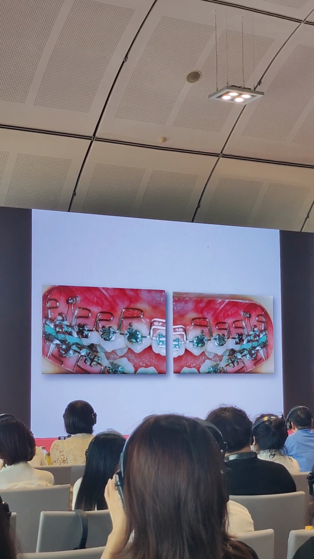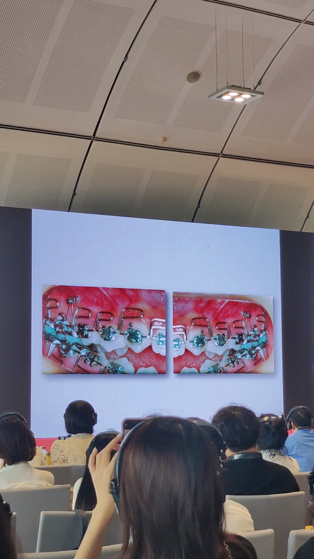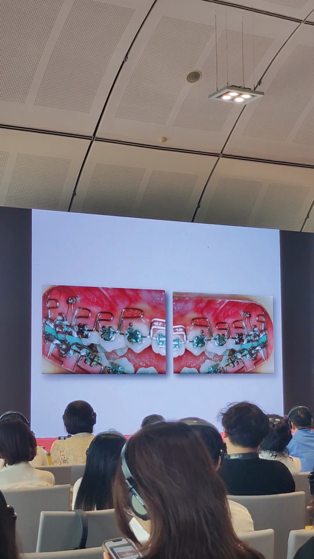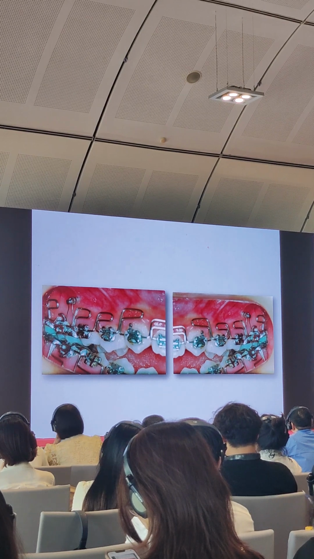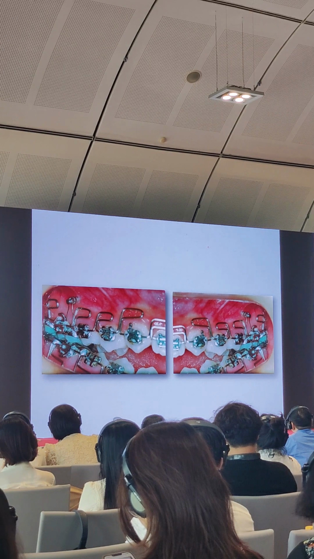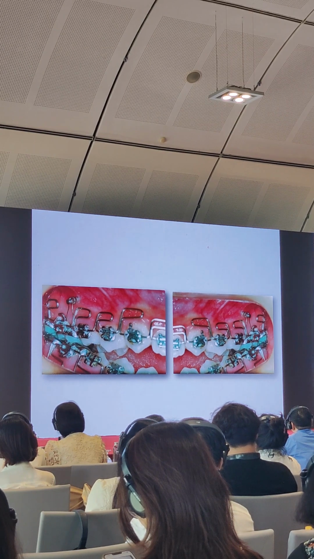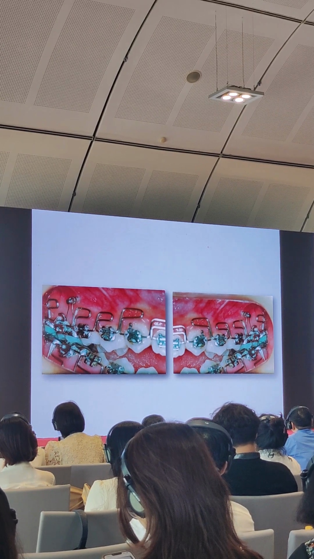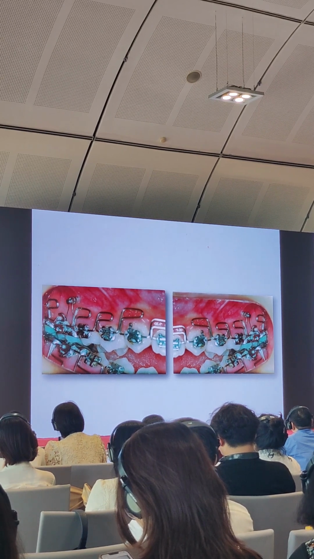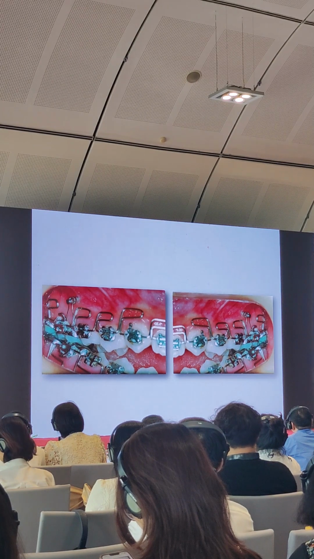So I just placed it on the buccal area. This is one of my mistakes: I wanted to intrude my molar, I only placed the implant on the buccal, and my pull was on the buccal. Then what will happen? It will make my molar tip buccally into a crossbite. That is my mistake, but I could not do anything because of my fear to insert a mini implant on the palatal region.